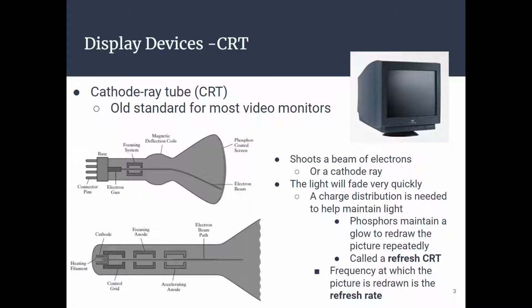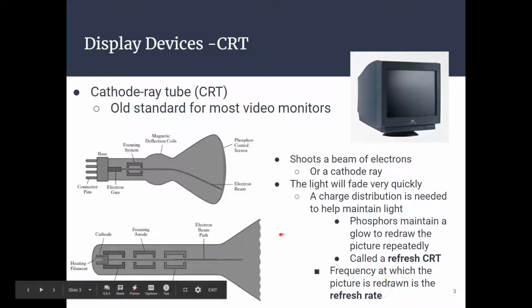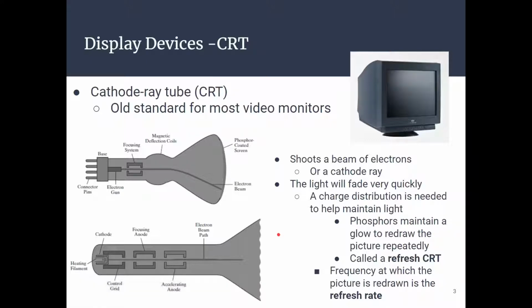This is known as the refresh rate, which is the frequency at which the picture is redrawn. What that means is the electron gun has to keep shooting these electrons at a specific point to re-emit the phosphor so you can see the screen, because the refresh rates for the phosphors they used could range from 1 millisecond all the way up to about 1 or 2 total seconds.